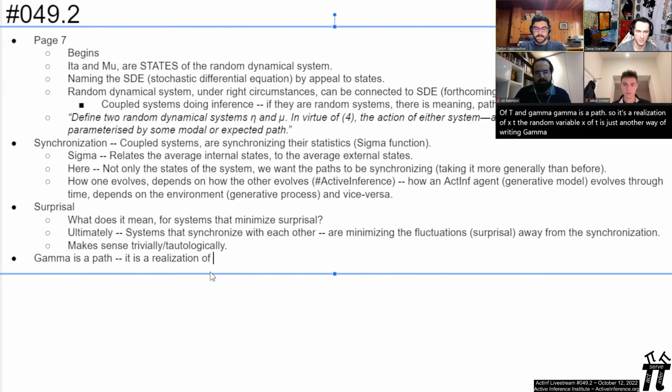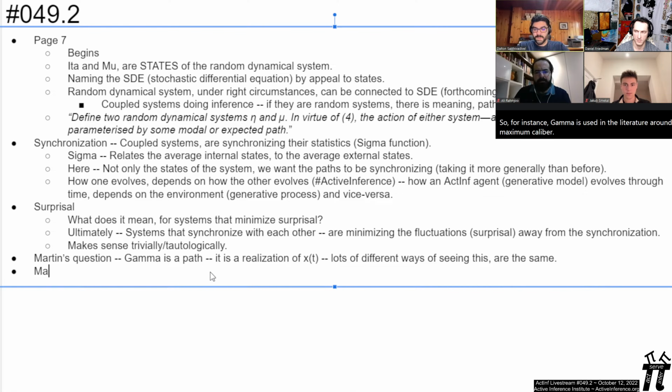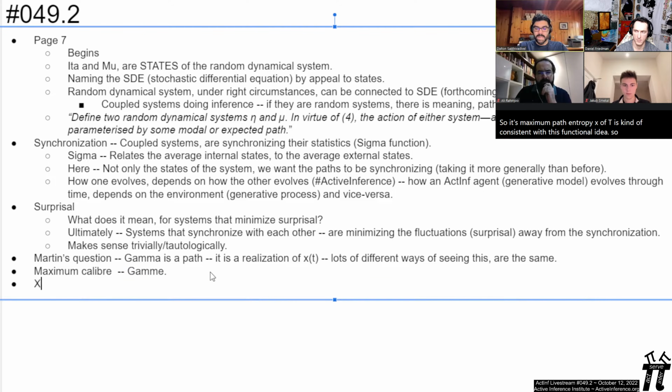I do it in a couple of different ways, just to drill down the point that lots of different literature, lots of different ways of seeing this thing are all the same. So for instance, gamma is used in the literature around maximum caliber, so there's maximum path entropy. X of t is consistent with this functional idea, regarding a path as a function, and then plugging it into the functional and seeing, okay, what is the surprise, or what's the cost associated with this path.